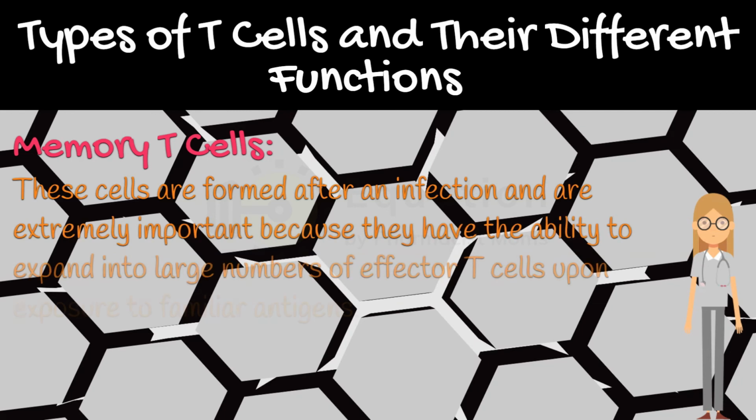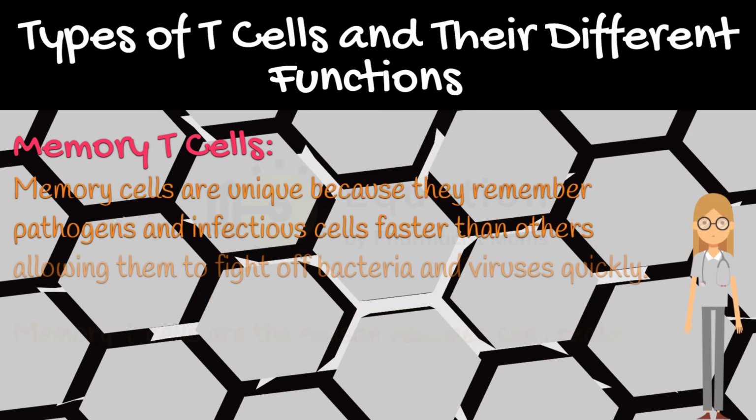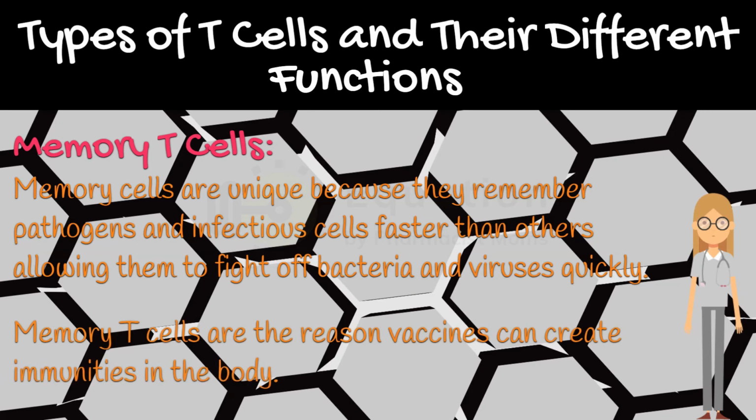These cells are formed after an infection and are extremely important because they have the ability to expand into large numbers of effector T cells upon exposure to familiar antigens. Memory cells are unique because they remember pathogens and infectious cells faster than others, allowing them to fight off bacteria and viruses quickly. Memory T cells are the reason vaccines can create immunities in the body.